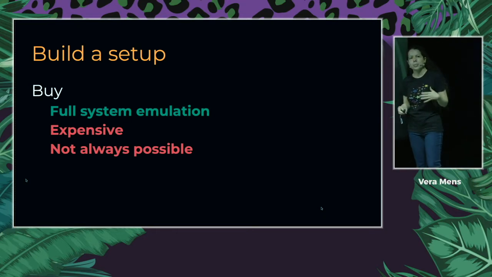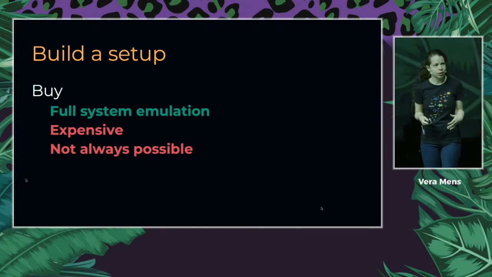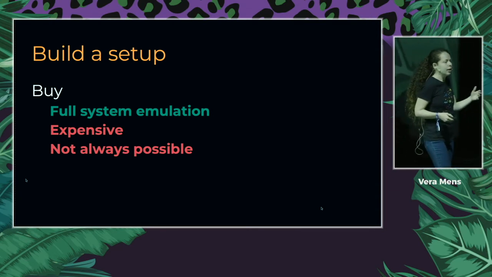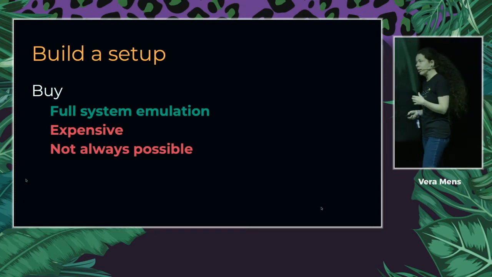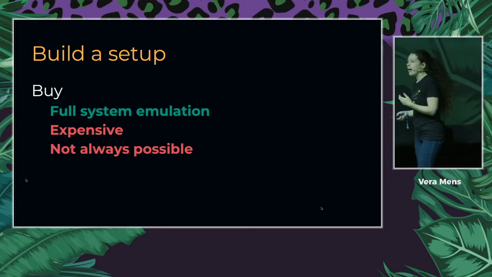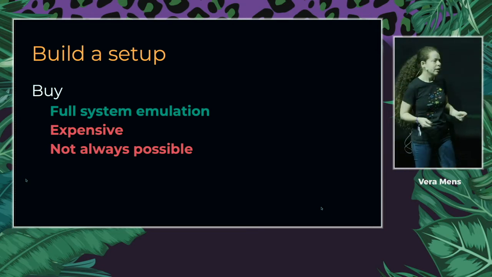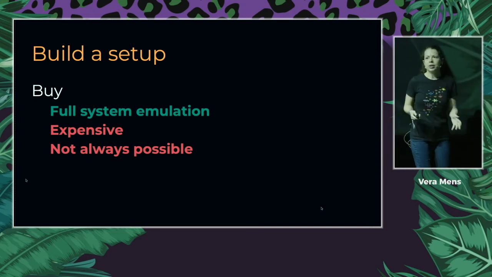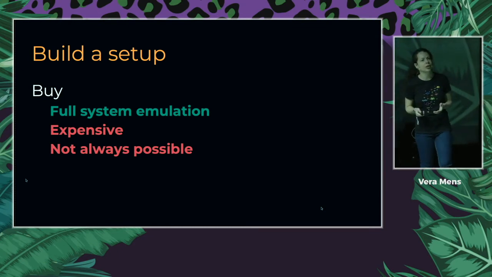The setup is pretty important. We want to get the setup as soon as we can. We want to know how our target behaves on some payload. The first option, and the obvious one, is just to buy it, right? And it's a great option. We will have all the peripherals we want. We have the whole system emulation.